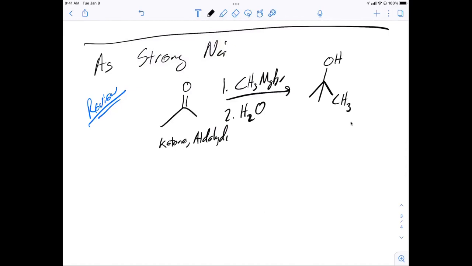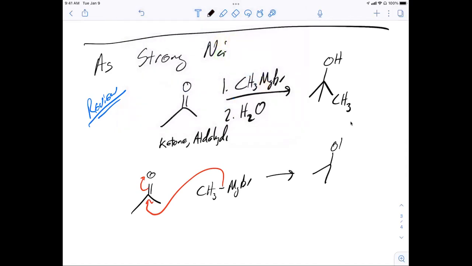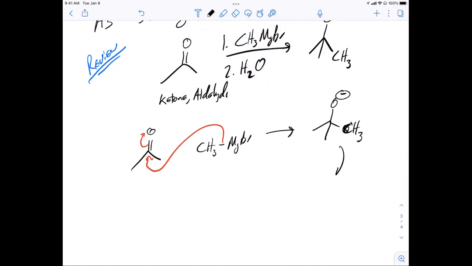So this will react again as a nucleophile. And then from there, it picks up a proton.